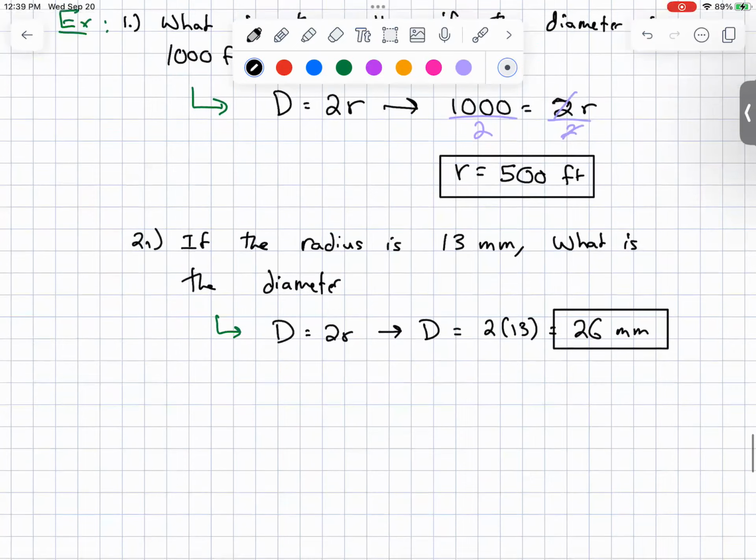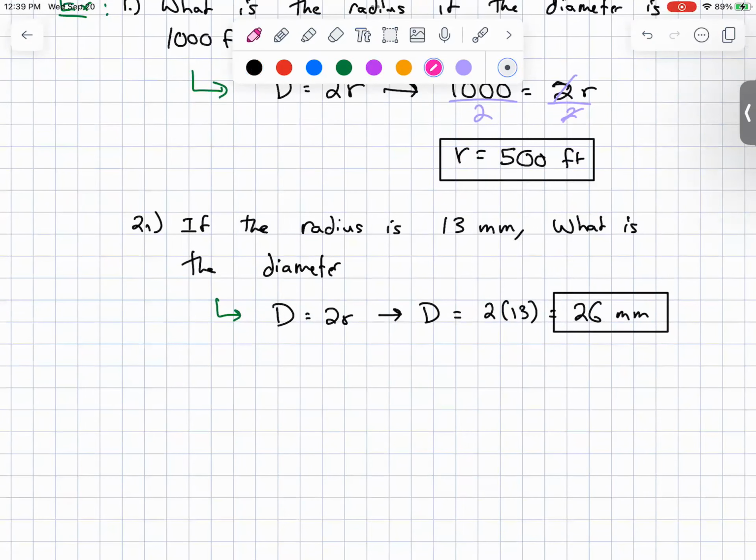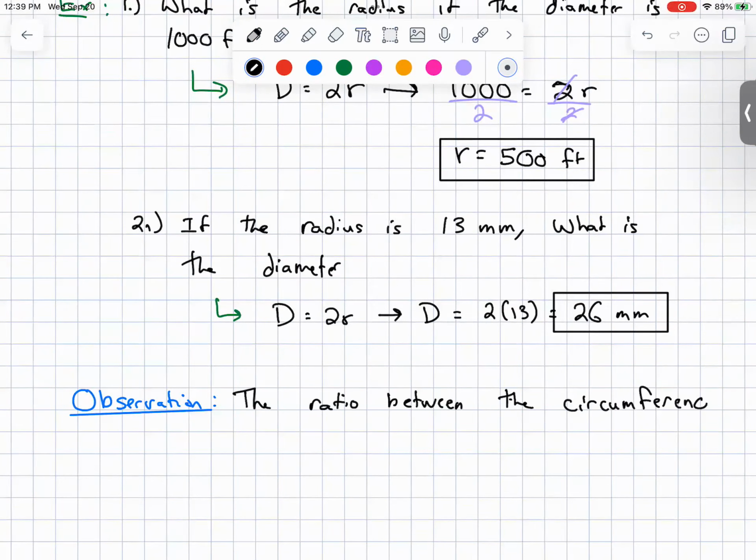Now, an observation that you can test out at home. It's not really something that we're observing in this class, but whatever. The ratio between the circumference and the diameter of a circle is constant.